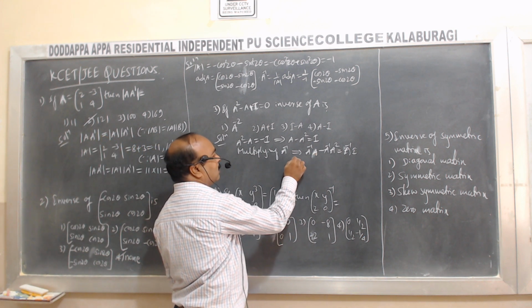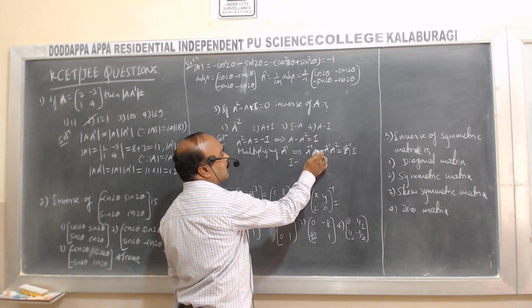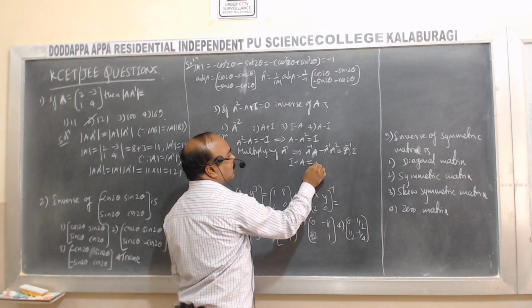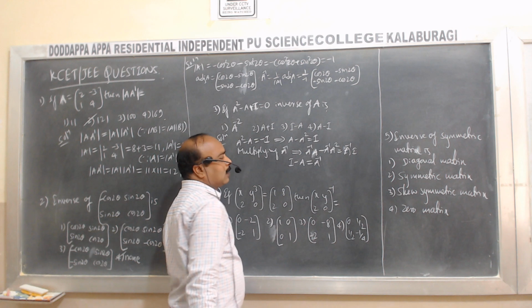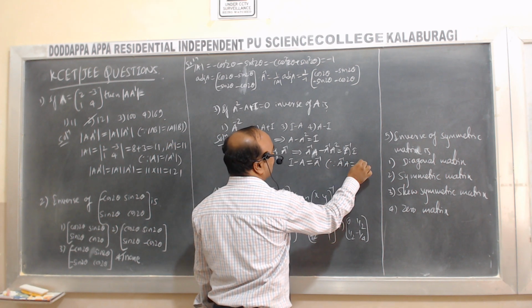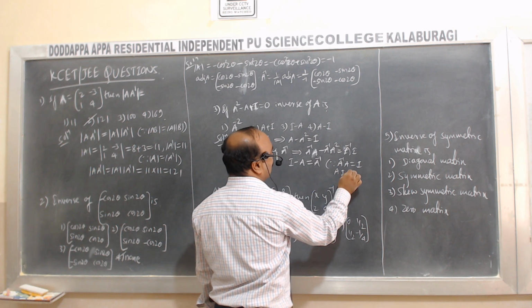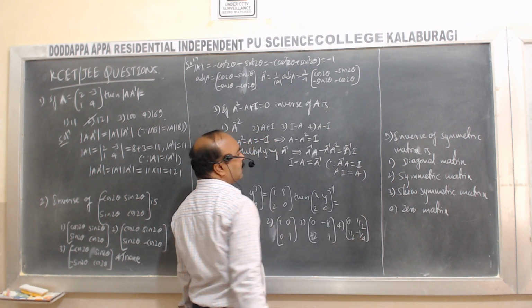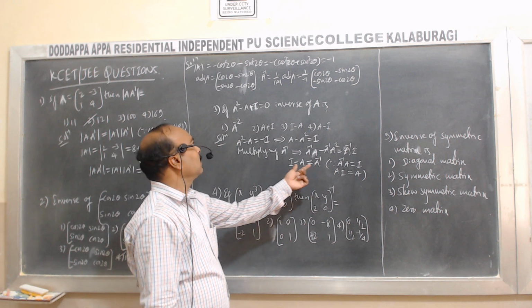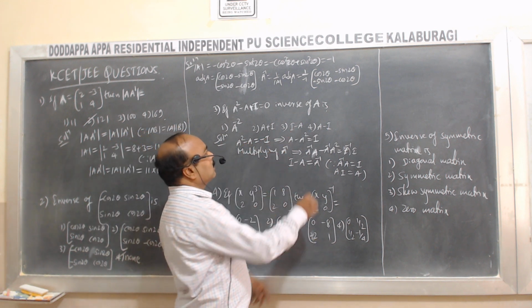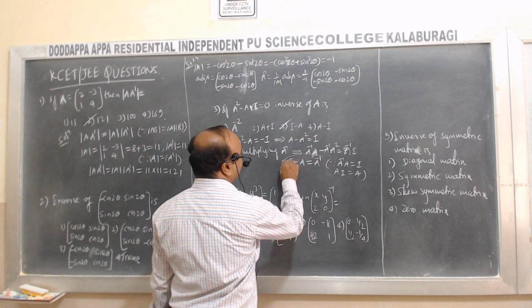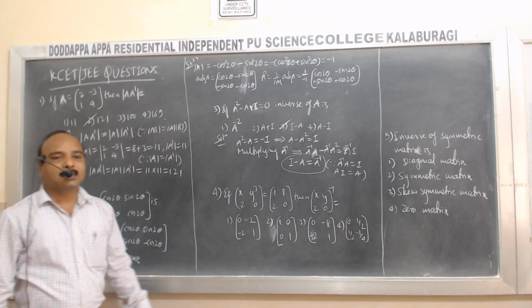We know that A inverse into A is I, A inverse into A square is A, and A inverse into I is A inverse, because A inverse into A equals I and A into I equals A. Using these two results we get the inverse of the matrix, that is I minus A. So this is the correct answer, that is the third option. I minus A is the inverse of the given matrix.